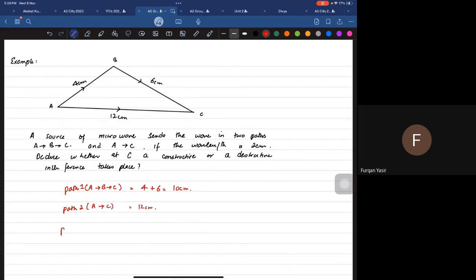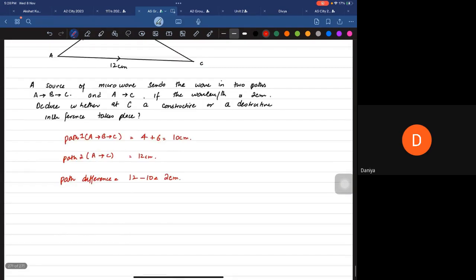Now I want to find the path difference first, which is going to be 12 minus 10, so 2 centimeter. Do you guys agree? Yes. Now path difference is equal to n lambda. So I'm going to write 2 centimeter equals n times lambda. Lambda is also 2 centimeter. So n will come out to be just 1.